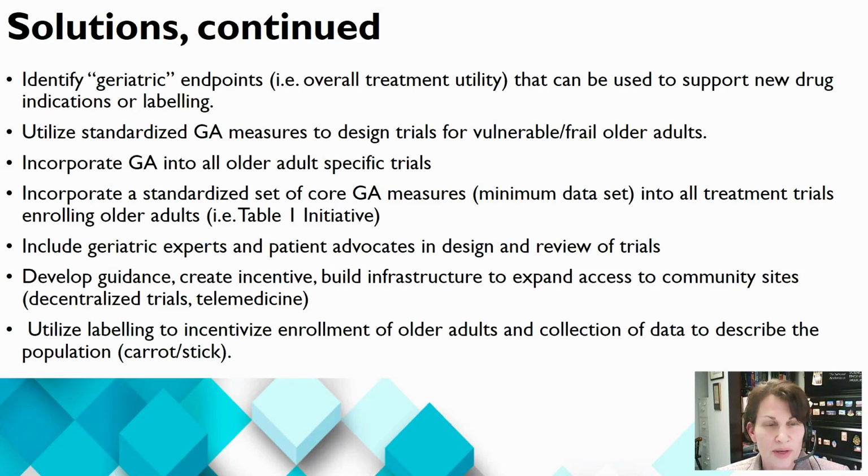We also talked about the importance of incorporating geriatric assessment into older adult specific trials as a standard procedure. But importantly, we also discussed and would continue to promote the importance of developing and promoting a standardized set of core geriatric measures, a minimum data set to include in all treatment trials that enroll older adults. And we've been calling this the Table 1 initiative.